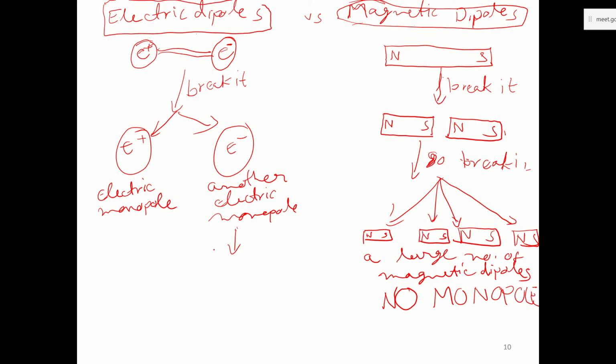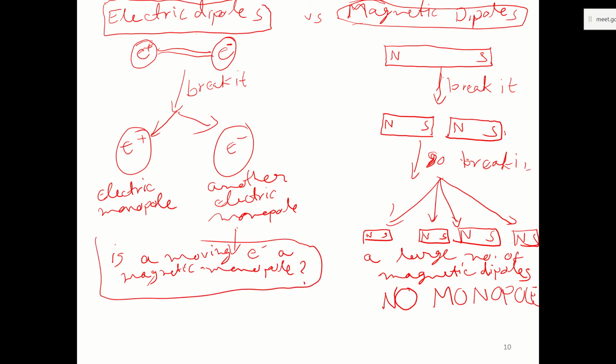No. So a moving electron, you know from your 11th-12th knowledge that a charge which is moving will have a magnetic moment. So what do you think? Is a moving electron a magnetic monopole? No, it is still a dipole.